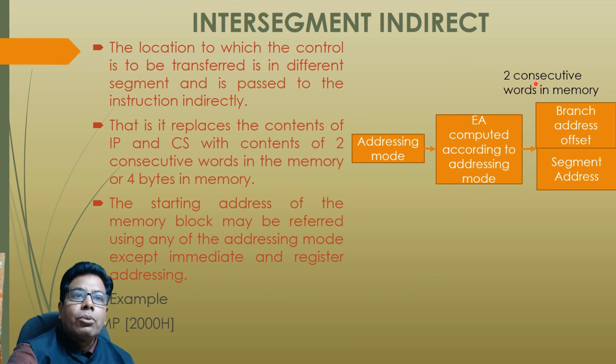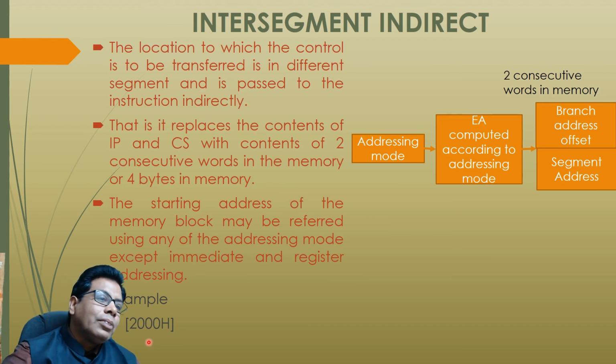Whatever 2 consecutive words in memory, that will be taken as the segment address and the offset address. Say for example here we have taken jump 2000H. Now here we have specified the 2000H, that is the address given. So as per the value of DS, the calculations will be done, and whatever is the contents of that location.